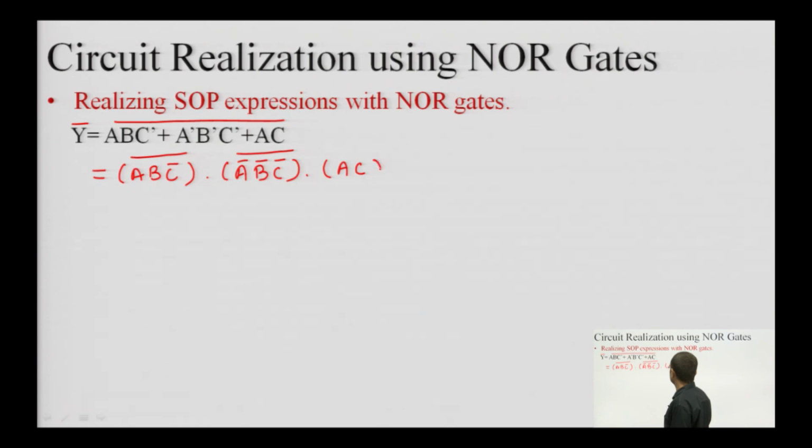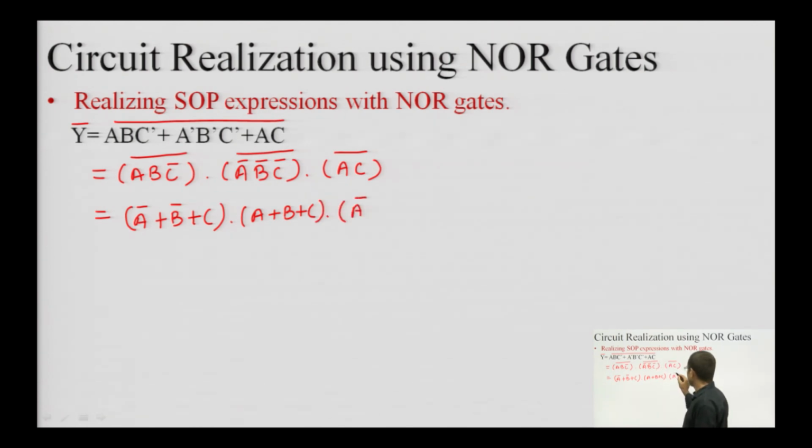So, this is y bar, and further applying De Morgan's theorem, I can see that I will be getting A bar plus B bar plus C. Similarly, this will be converted to A plus B plus C. Similarly, this one A bar plus C bar.